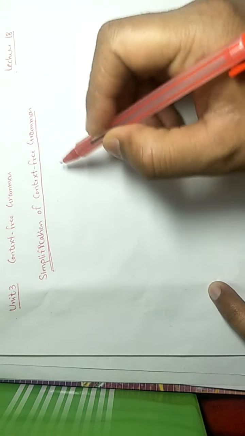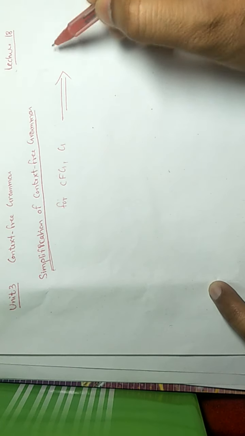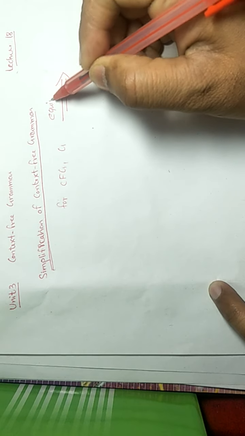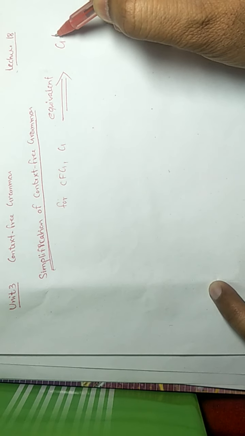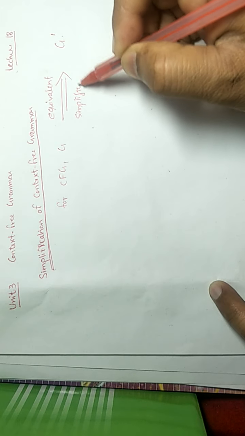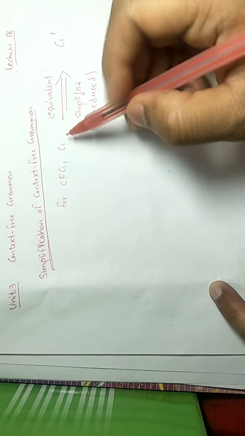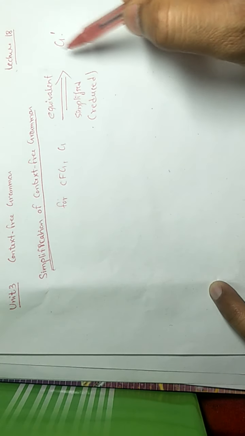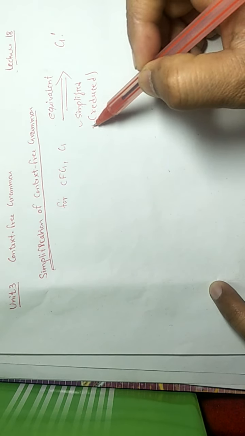For a grammar, a CFG, we will find an equivalent grammar G dash that is simplified or reduced. We will find G dash that is equivalent to G, and that is simplified or reduced.